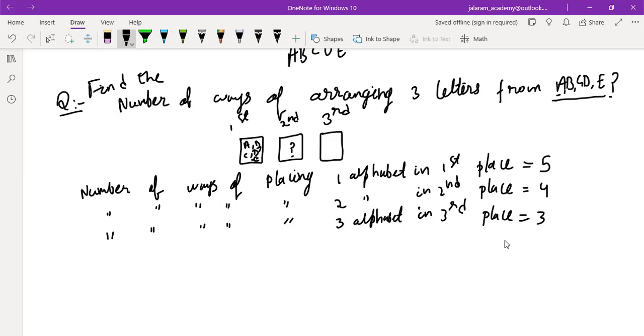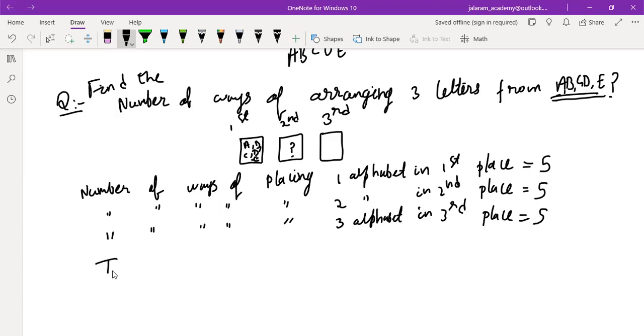But when you have answered, you have not noticed that I have not given you any restriction. We can use the same letter again. So there are actually 5 methods. Is that clear to you? 5 methods for the second place, and 5 methods for the third place also.